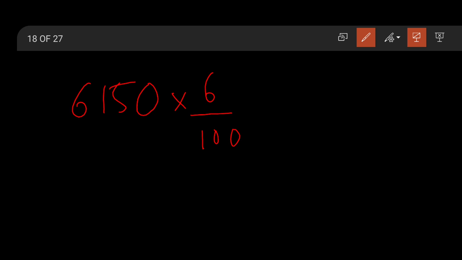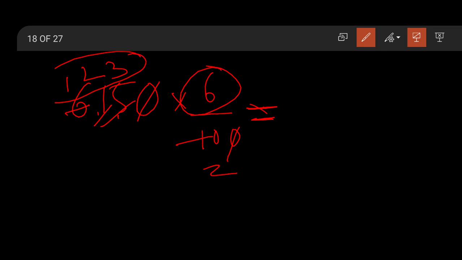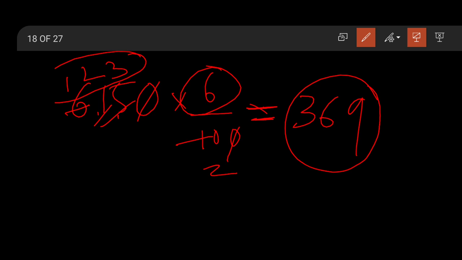We will consider the rate for half year. Zero cancel, zero cancel. 5 2s are 10, 5 1s are 5, 5 2s are 10, 5 3s are 15. Now 1 2 3 multiplied by 6, that is 369 rupees. So this is the amount of outstanding interest on Sucheta's loan, 369.